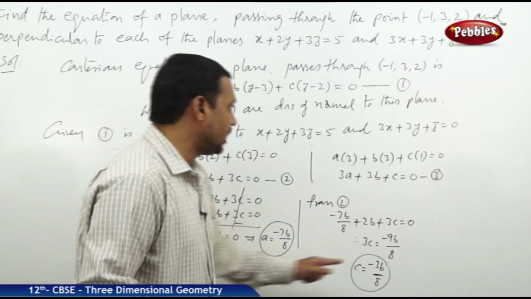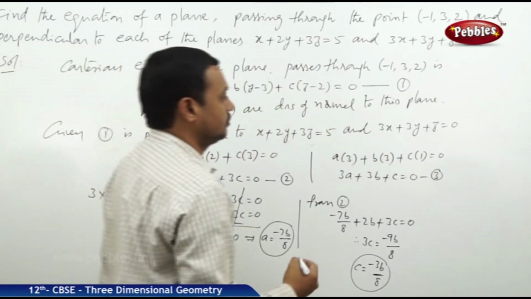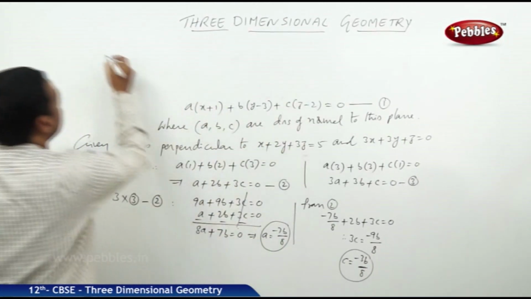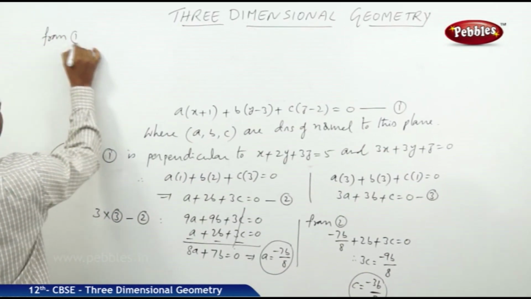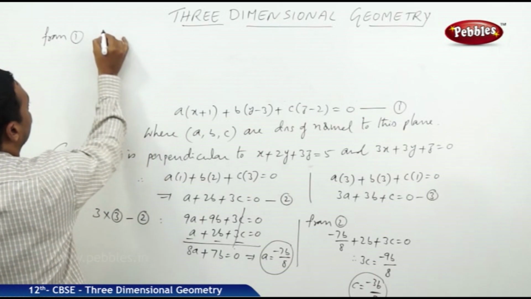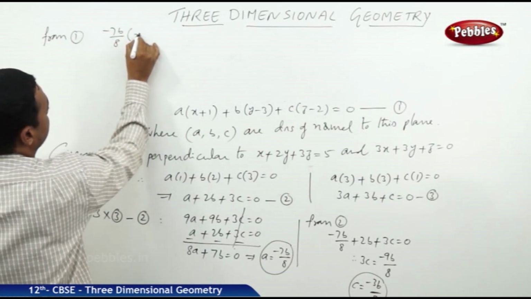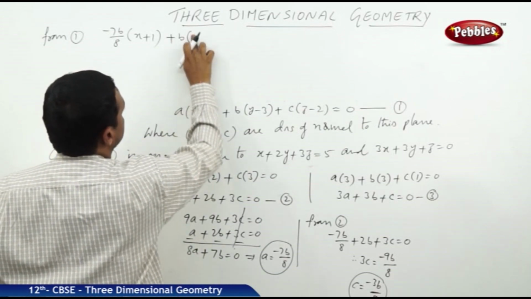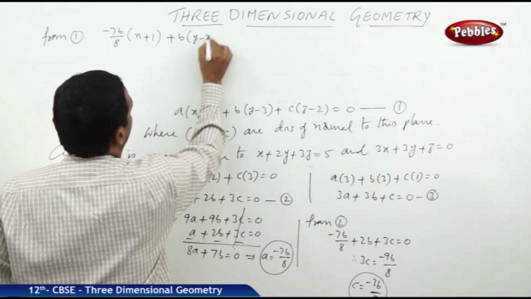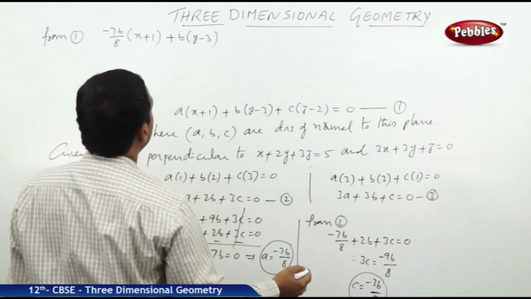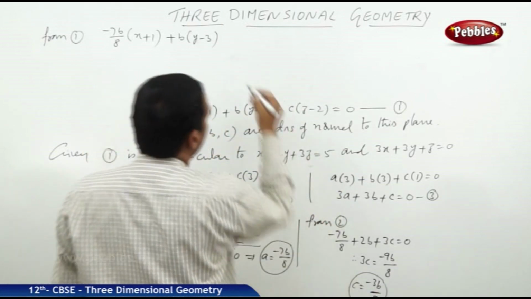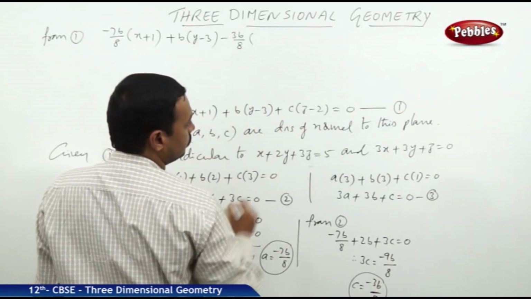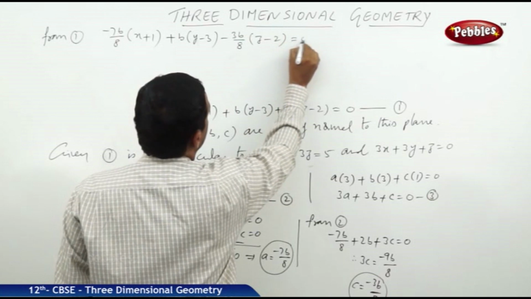Now substitute a and c both in equation 1. From 1, minus 7b by 8 into x plus 1 plus b into y minus 3, and c, where c is equal to minus 3b by 8, into z minus 2 is equal to 0.